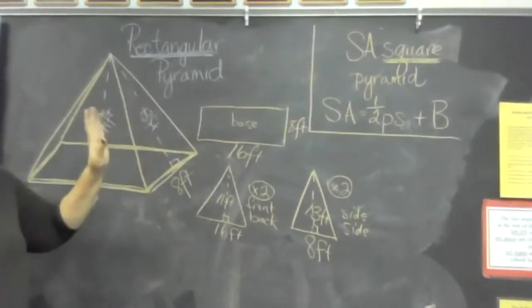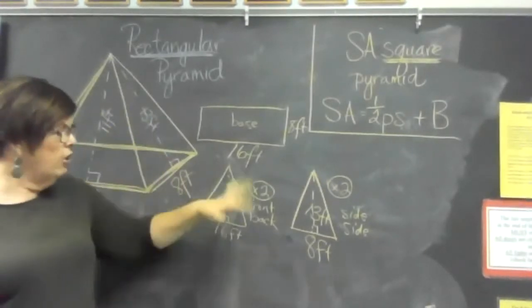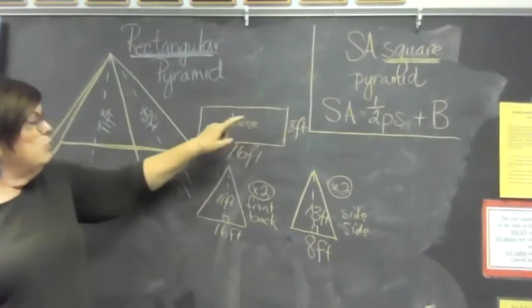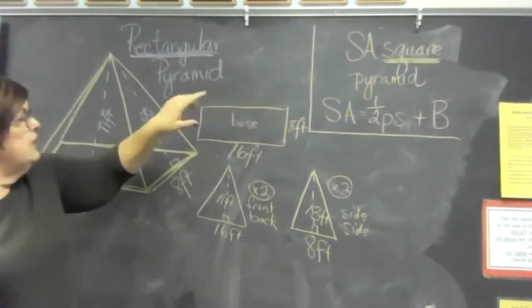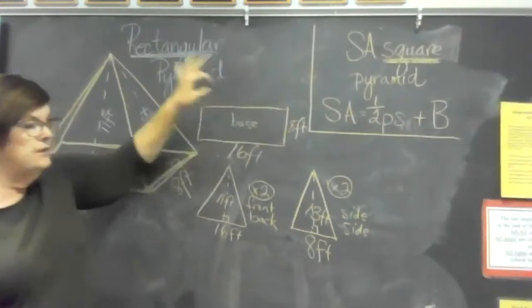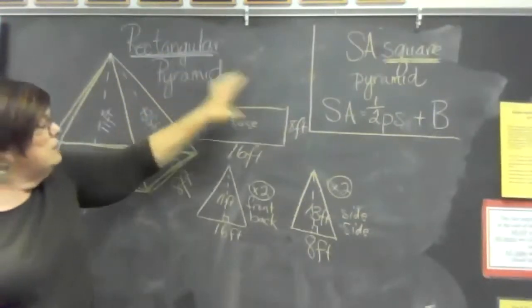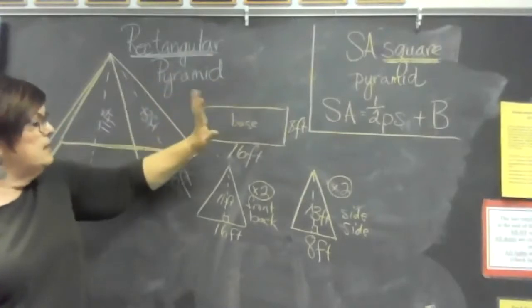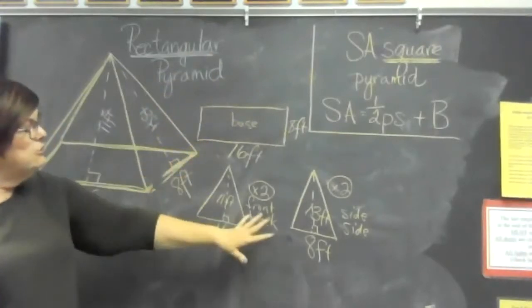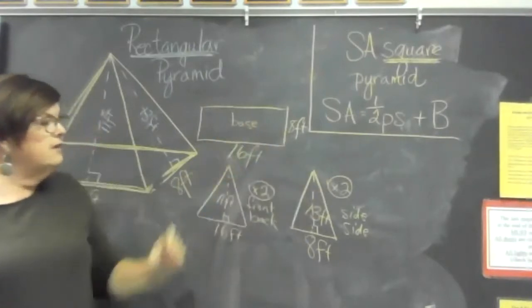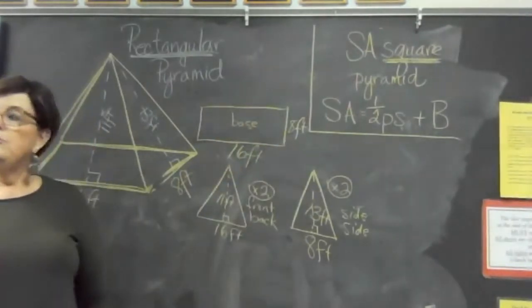Now if you want to make sure that you have all the sides drawn, then you have the base, and we have a triangle coming off each side of the base, coming up to a point. Y'all see? So I have 1, 2, 3, 4, and the base makes 5. So the pictures I have are 2 of these, and 1 of these. I've got all my pieces. Is everybody okay with that?